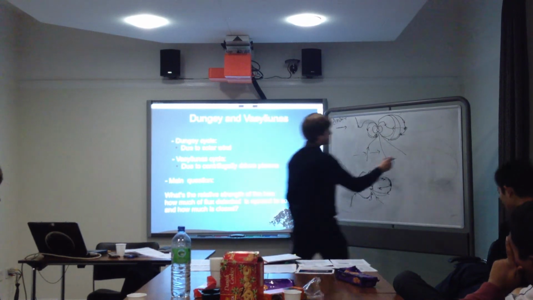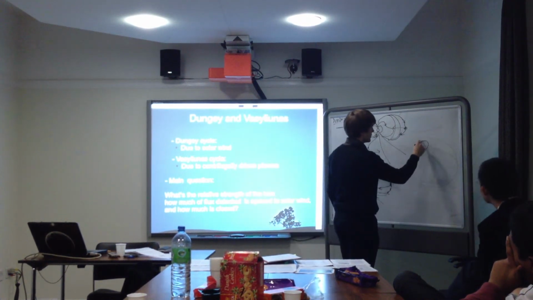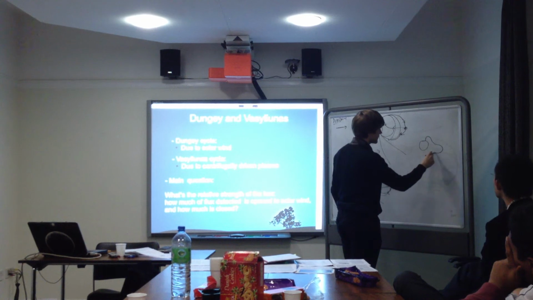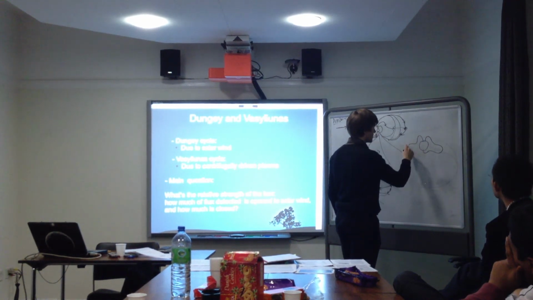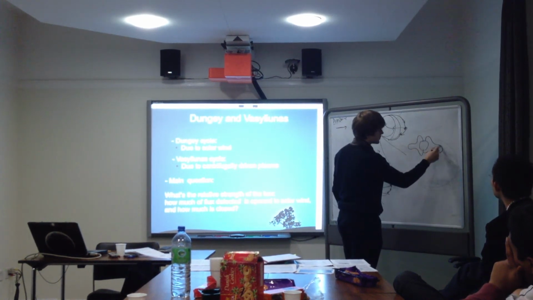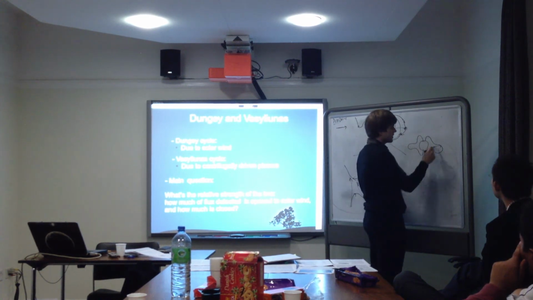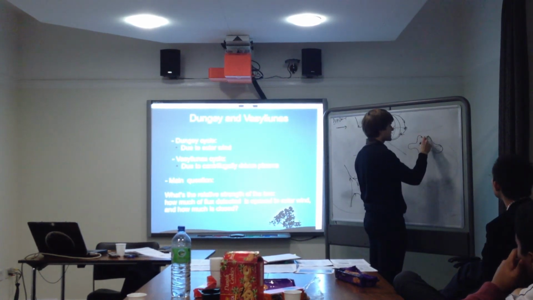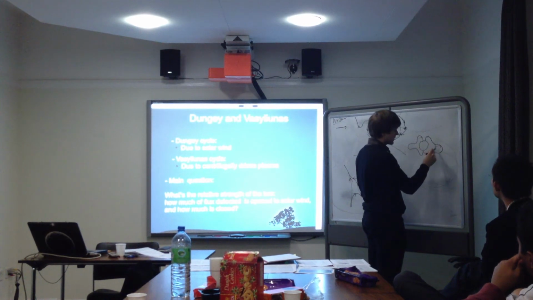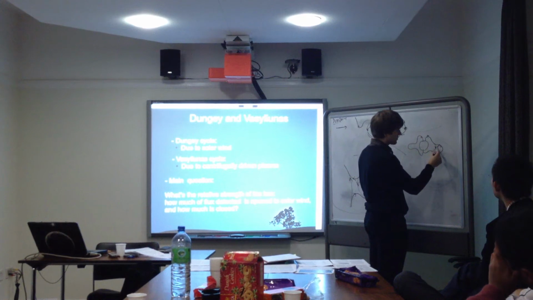Essentially the Vasyliunas cycle is just the centrifugally driven plasma which stretches those lines so far that exactly what I described happens, and those lines connect here and those separate, forming a closed loop, or maybe some additional magnetic field. I didn't look into the detail, but they would carry along some plasma, and this would reconnect.